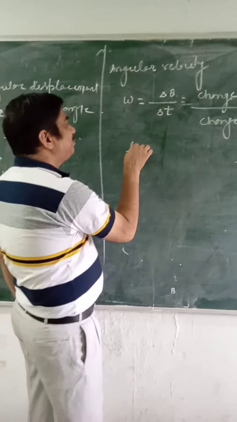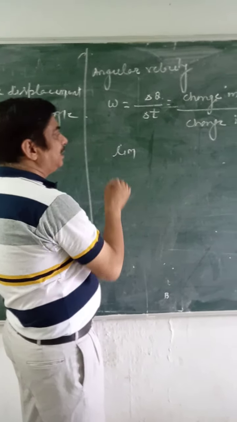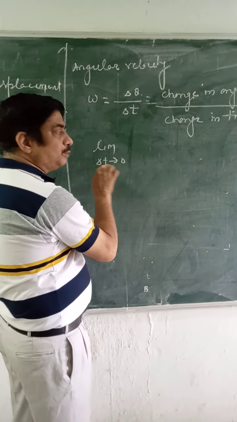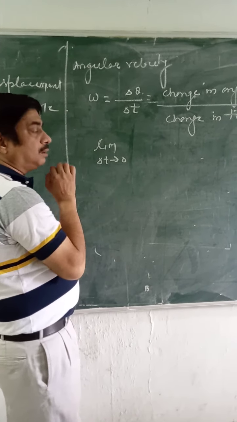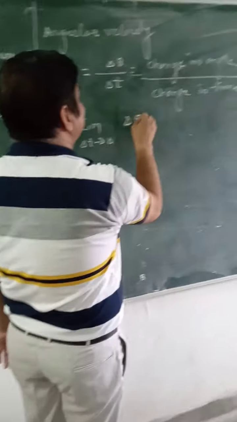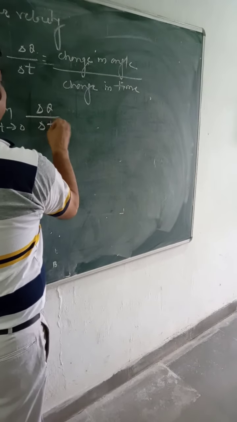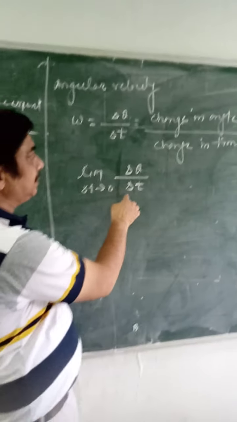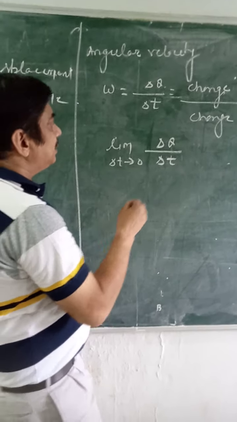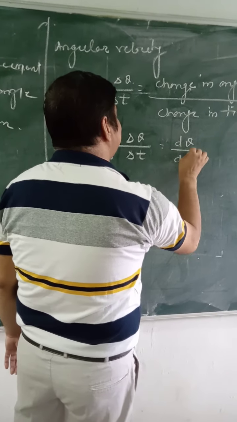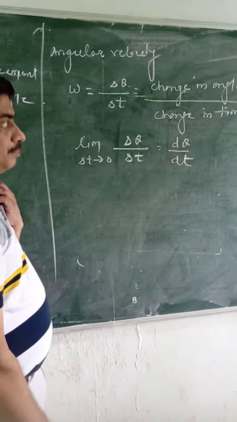We can write it this way: limit delta t tends to 0. This delta t is going to be 0, but not equal to 0. In that case, limit delta t tends to 0 of delta theta by delta t is equal to d theta by dt, the differentiation of theta with respect to time.